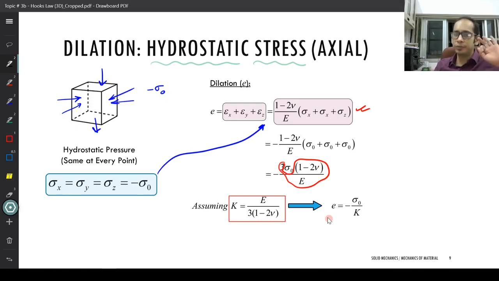Remember, we'll look at 3 different moduli, right? One was Young's modulus of elasticity, then we had looked at the shear modulus, or the modulus of rigidity, that was G, right? And this is the last one, the bulk modulus K, which is related to the change in volume. So the K is essentially nothing but my bulk modulus.